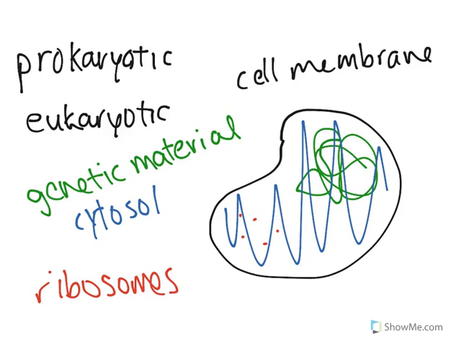Now moving on to ribosomes. Ribosomes are basically used to create proteins, and in order for a cell to have any type of function, all that the DNA, or any genetic material, is, you can think of it as a library. So it contains all the information, but if you don't do anything with that information, it's essentially useless.